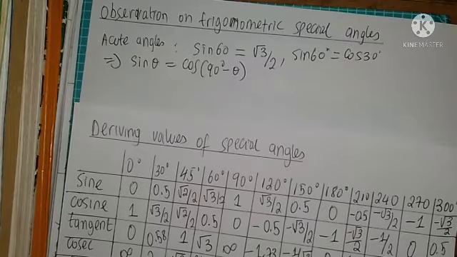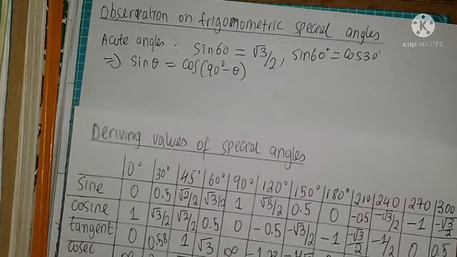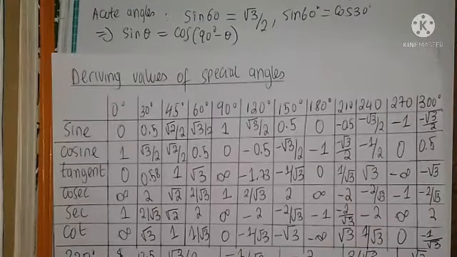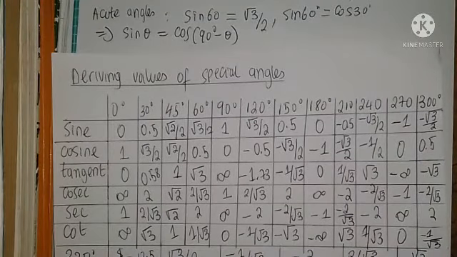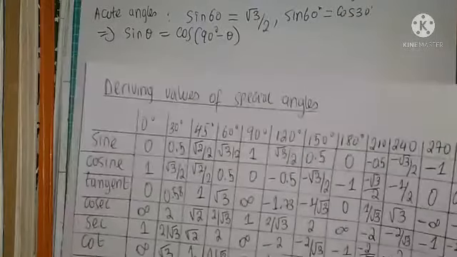That is one observation. But it is also true for cos. Let me go with cos 30. What is the value of cos 30 from our table? Cos 30 here has a value of root 3 on 2 as well. Let's go with cos 60, so that we can have different values.